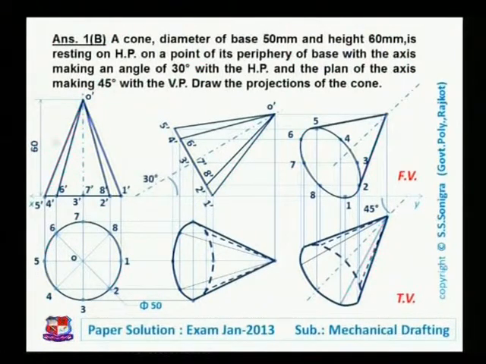If you draw this figure in examination like this, you will get full 7 marks, but you should take care about few things. Here dotted line should be drawn as and when needed, center line should be drawn, all angles should be mentioned, dimension should be inserted once in the drawing in the first views, name of views, front views and top views should be mentioned at appropriate place, and these projection lines should be drawn much lighter as compared to other lines.